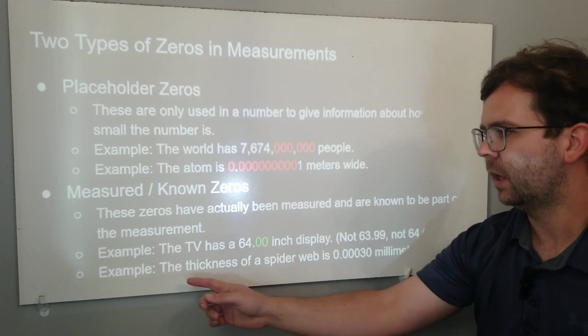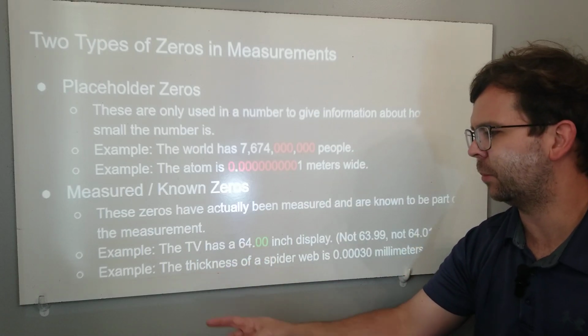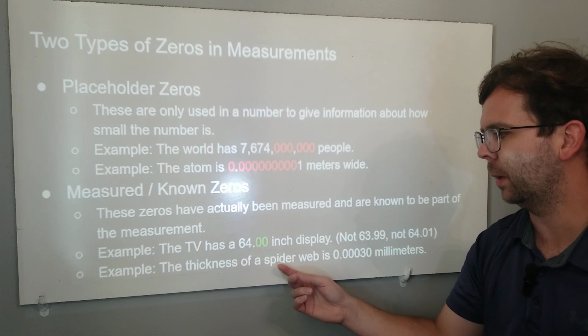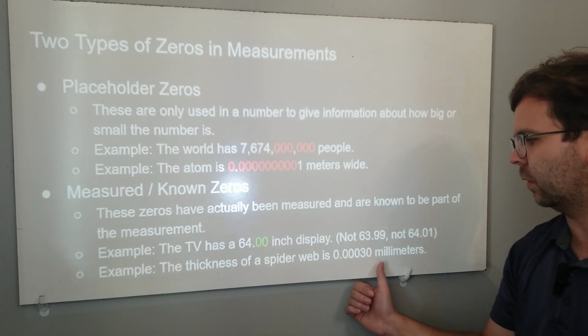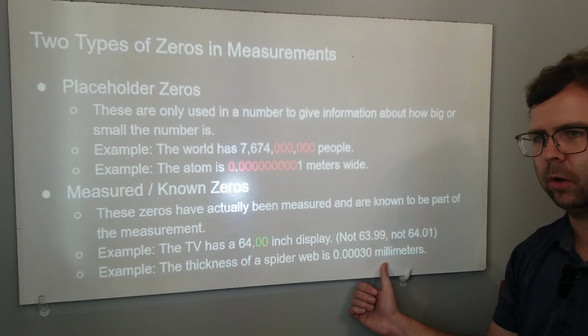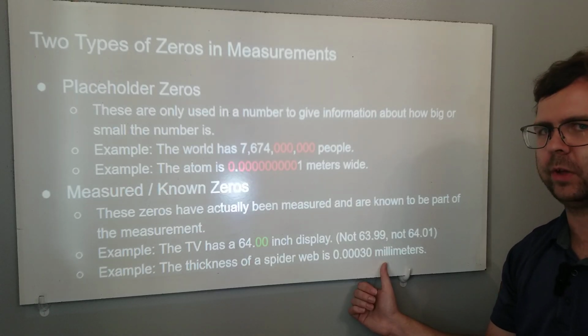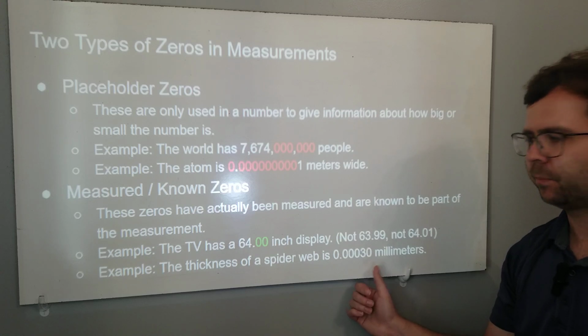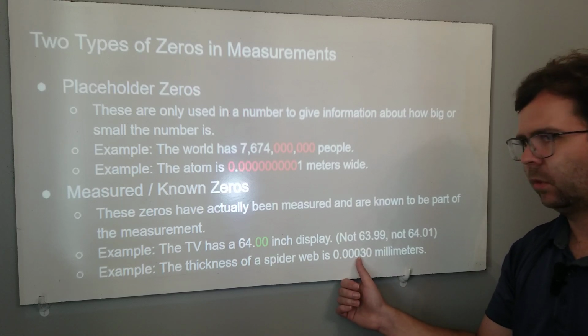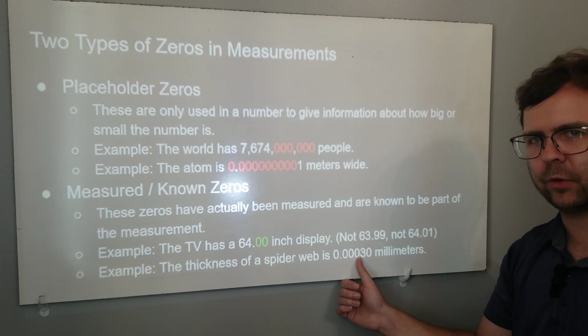Now, as another example, the thickness of a spider web is 0.00030 millimeters. It's very small. In this number, we actually have both placeholder zeros and a measured zero. These at the beginning are showing how small the number is.